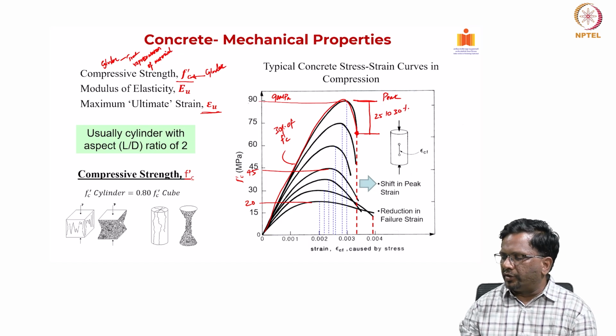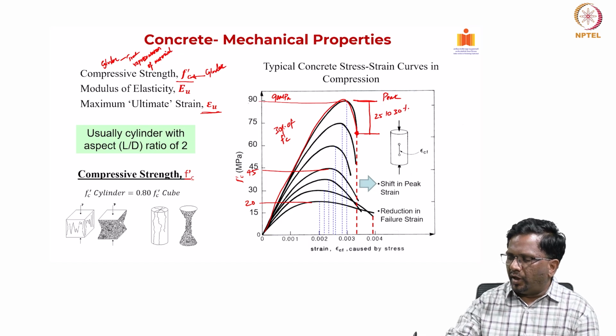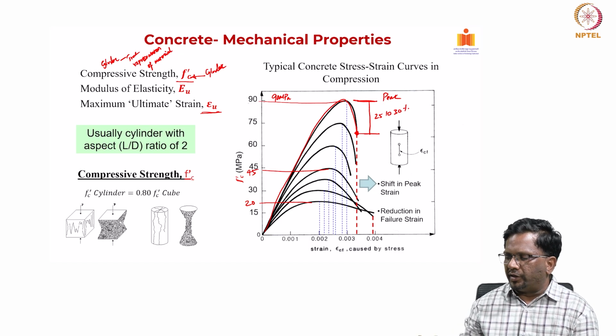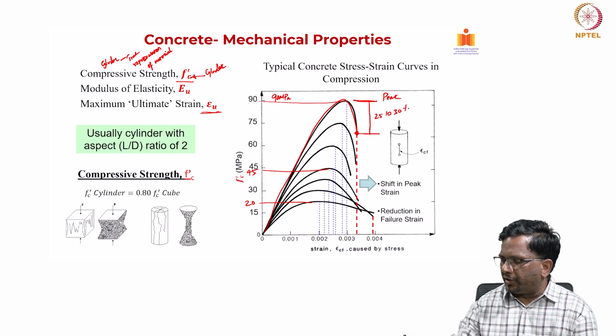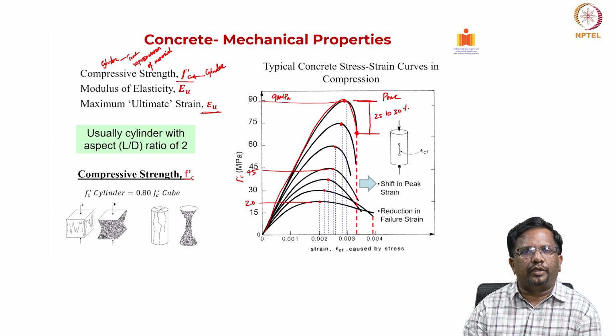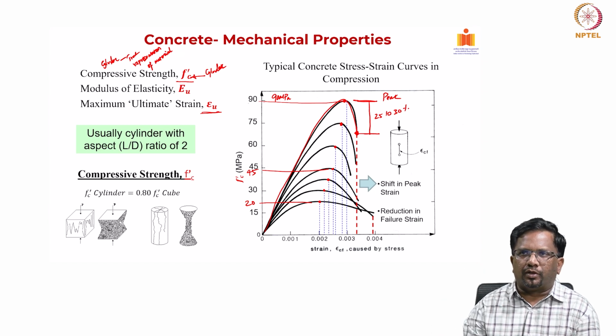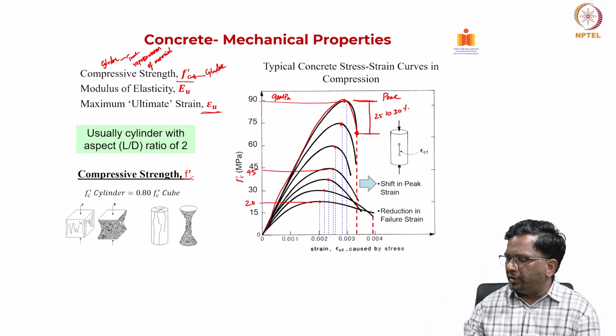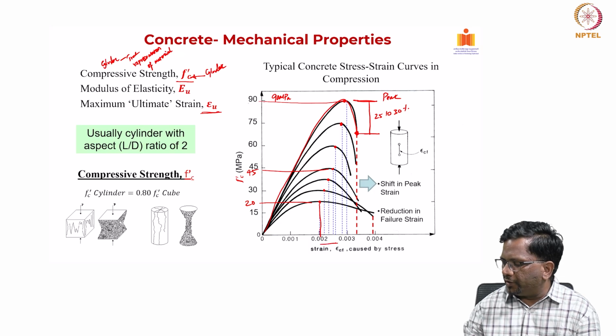But what you can see here is as the strength of the concrete is increasing, and this is the strain, if you look at all these points, these are the peak strengths of all these concrete, right. As the strength of the concrete is increasing, the strain corresponding to the peak strength of the concrete is also increasing.